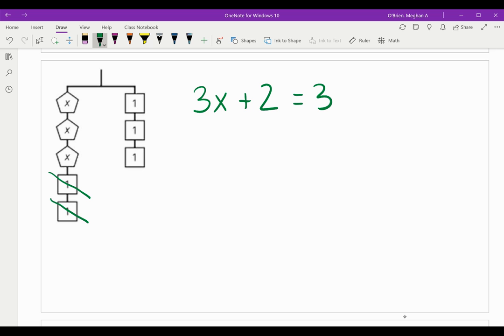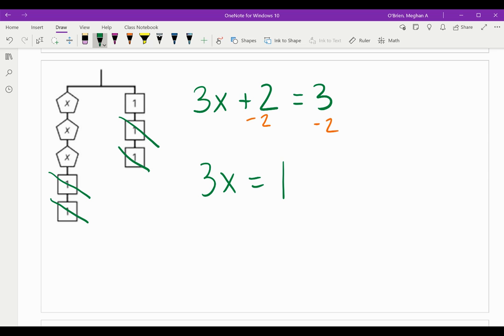If I do that on that side, I have to do it on the other side. Okay, so again, just to show my thinking along the way, I took away the 2 on the left, so I got to take away the 2 on the right. Okay, so then, this is weird. 3 groups of what equals 1? What kind of number are we going to get? Definitely a small one. I'm thinking fraction.